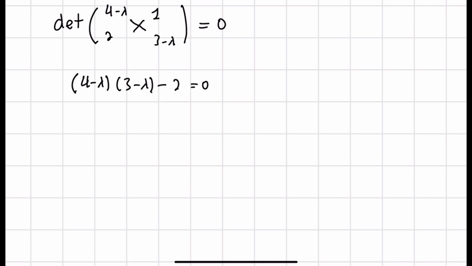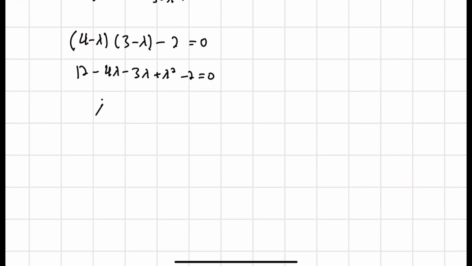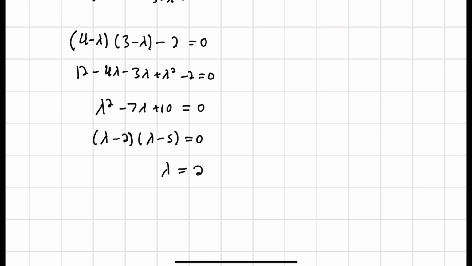So we have 12 minus 4 lambda minus 3 lambda plus lambda squared minus 2 equal to 0, which simplifies to lambda squared minus 7 lambda plus 10 equal to 0, which factors to lambda minus 2 times lambda minus 5 equal to 0. And this means lambda is equal to 2 and 5.